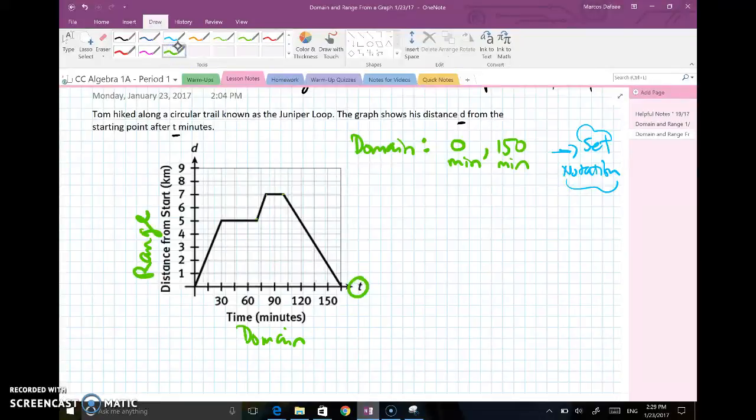In this case, because he clearly starts at a certain time, which is 0 minutes, we use brackets because that indicates a clear starting point or a clear stopping point. And because he ends his hike after 150 minutes, we put brackets on that as well. Again, the brackets indicate a clear start and a clear stop.